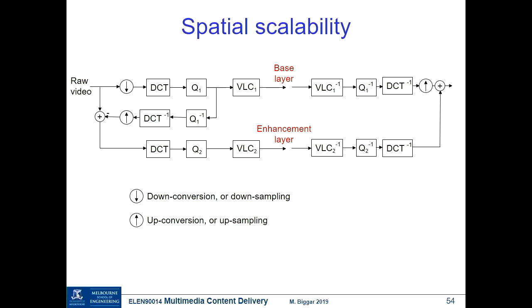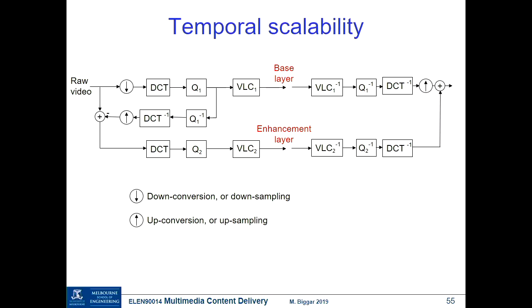Interestingly, we can use exactly that same diagram and just change the label to temporal scalability, because what we can do is take a 25 hertz video, down convert to 12.5 hertz, encode and display that, up convert again, so we're interpolating the missing frames, take a difference to correct to the original and then encode that as an enhancement layer.